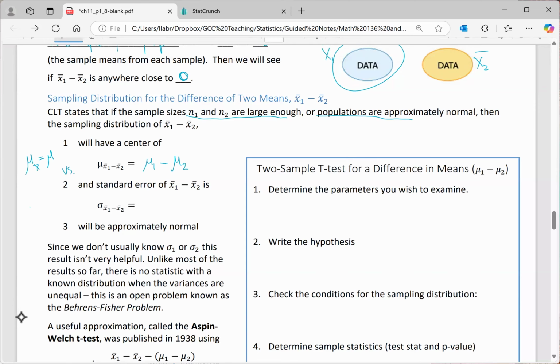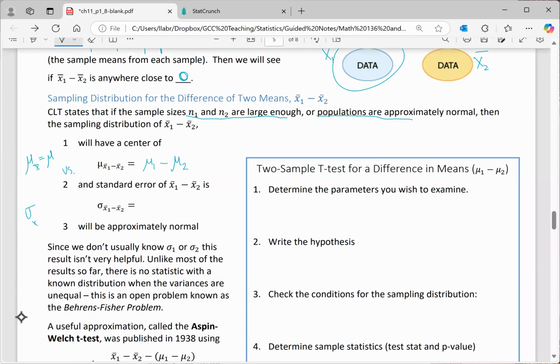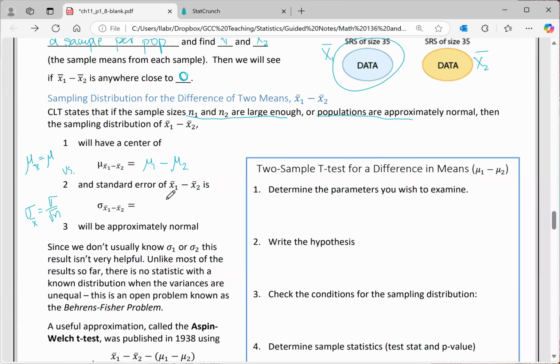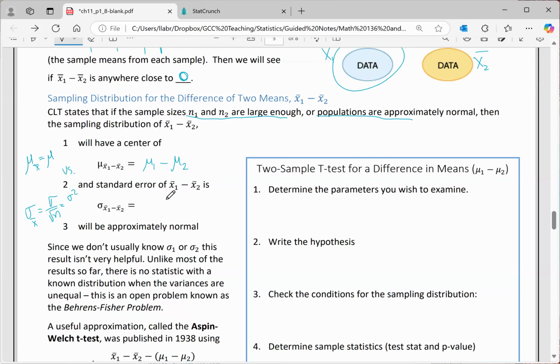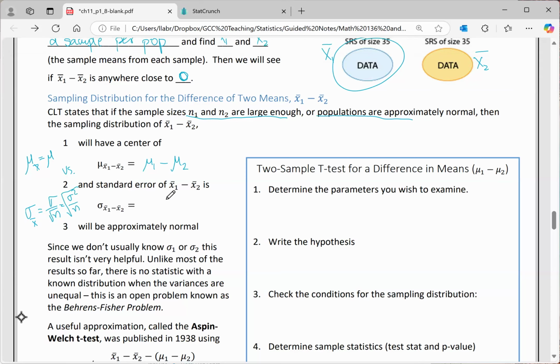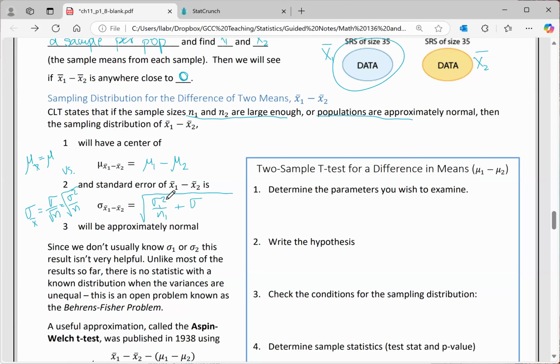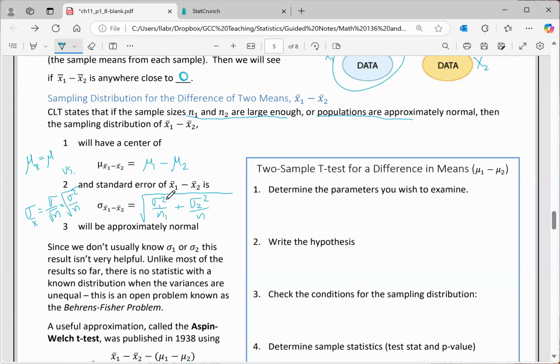Then for the standard deviation, the standard error of the sample mean was sigma over square root of n. This is equivalent to the square root of sigma squared over n. If you do a little bit of math, you'll see that that's what we get. Now, the standard error for the difference is given by the square root of sigma 1 squared divided by n1 plus sigma 2 squared divided by n2.